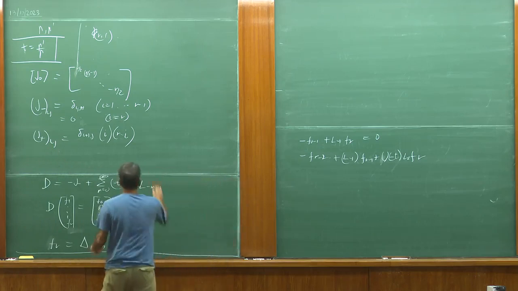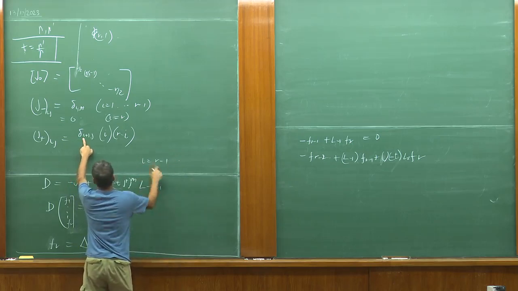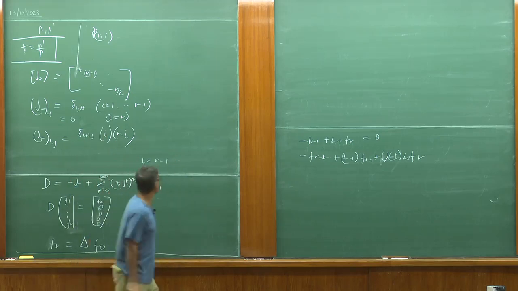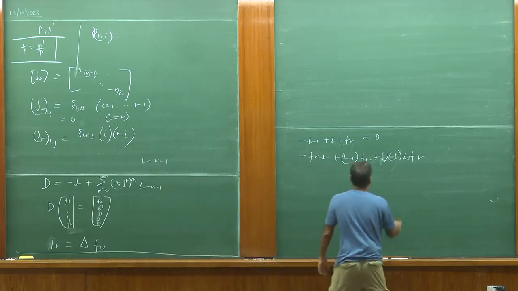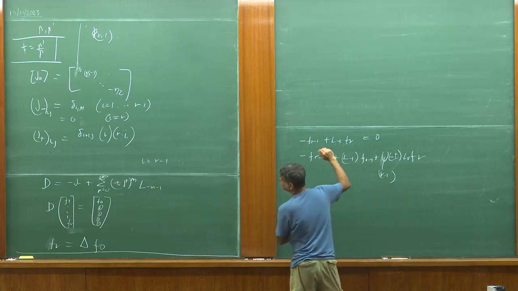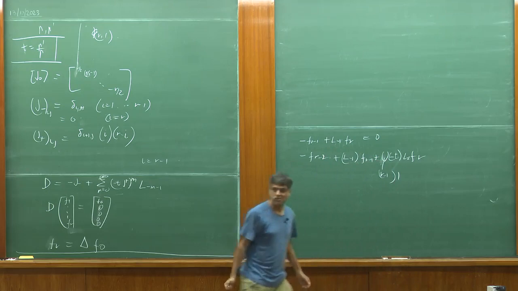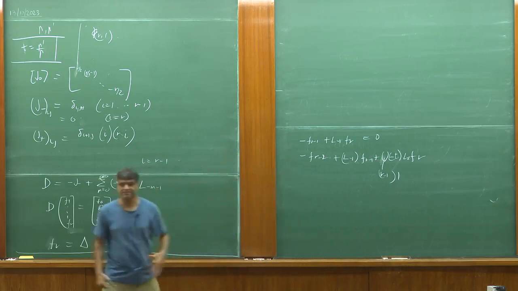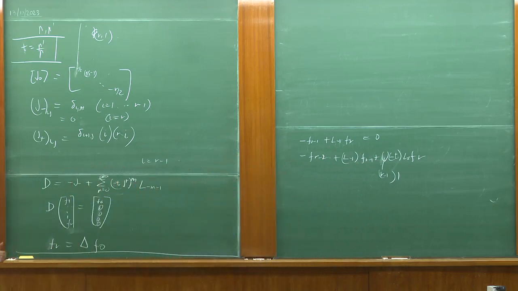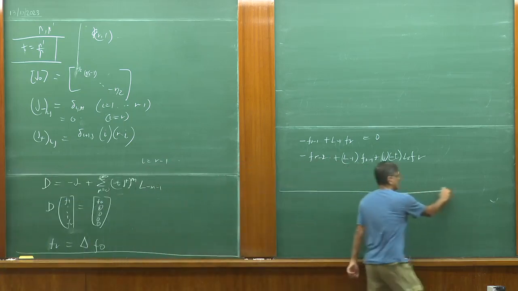So I is equal to r minus 1, so we just plug r minus 1 in here. Okay, so we get this coefficient is r minus 1 into r minus 1, so that's 1. And so on.